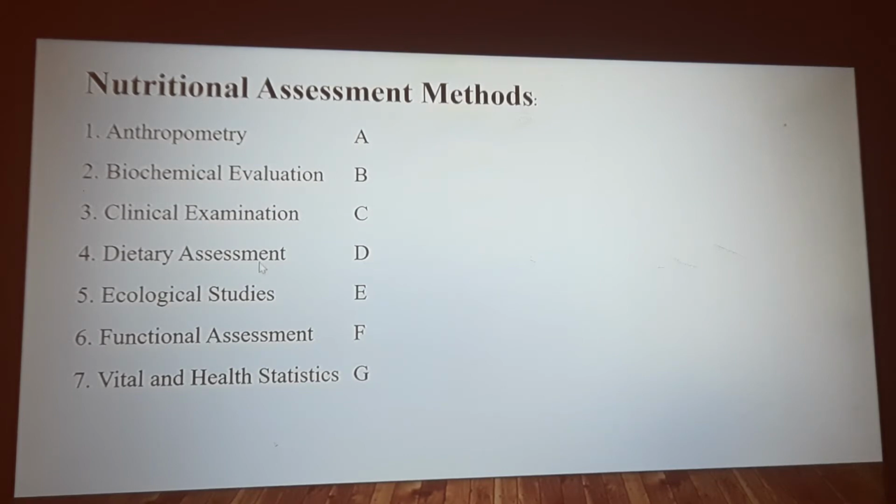Next is biochemical evaluation, then clinical examination, dietary assessment, ecological study, functional assessment, and vital and health statistics. These seven are the methods of nutritional assessment. We are going to discuss these methods in detail.